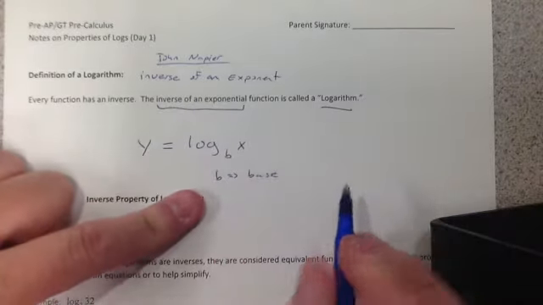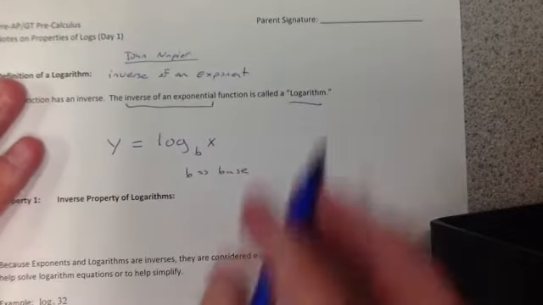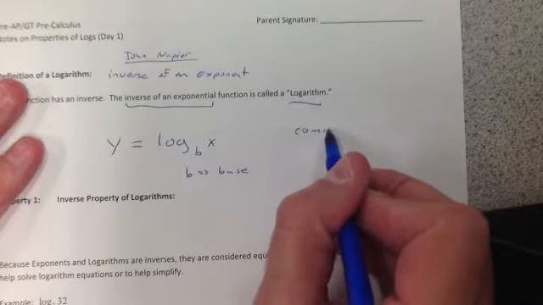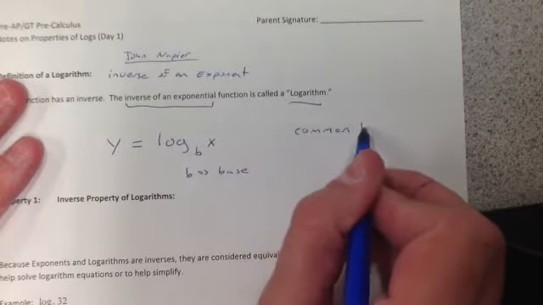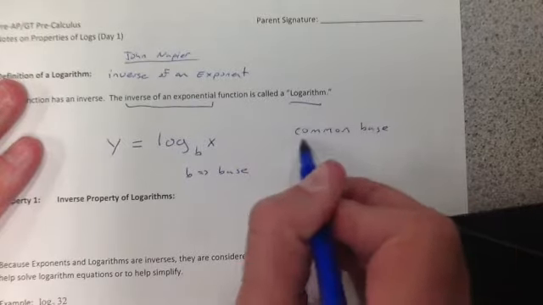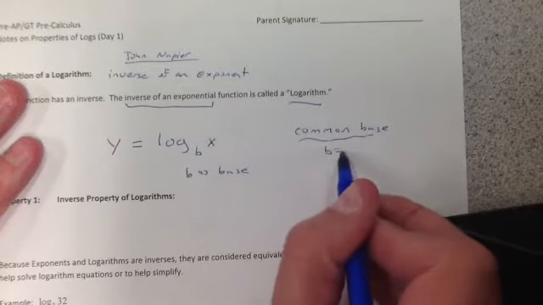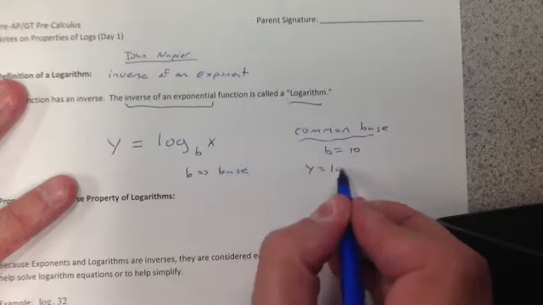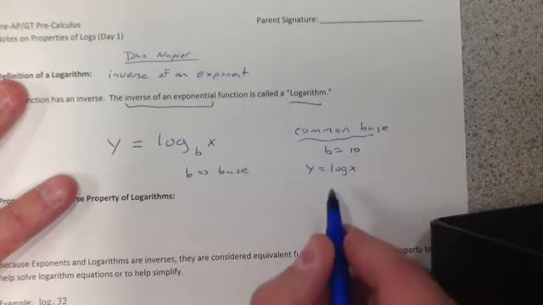Now, we have two types of bases that we deal primarily with in math. We have what's called the common base. You may recall that the common base is base 10. We write these as just y equals log of x.